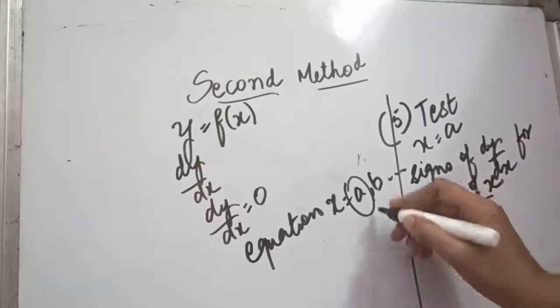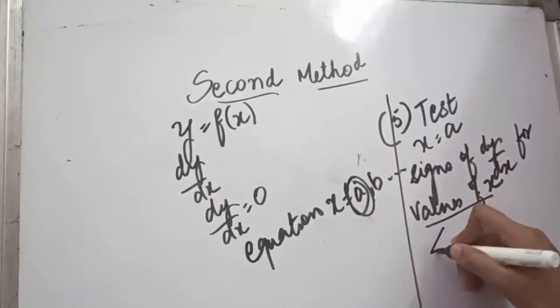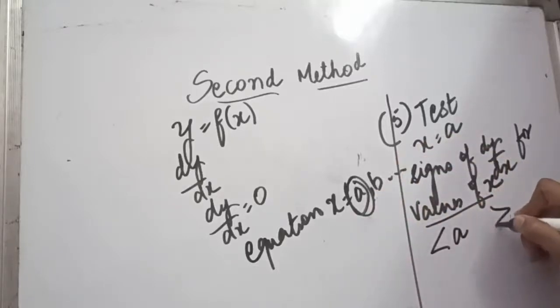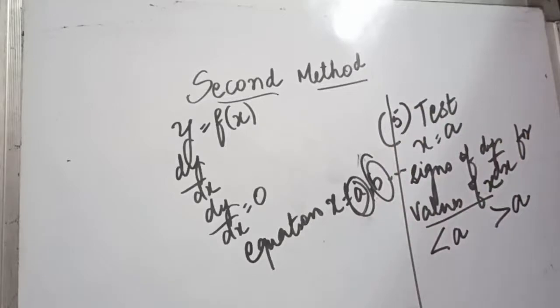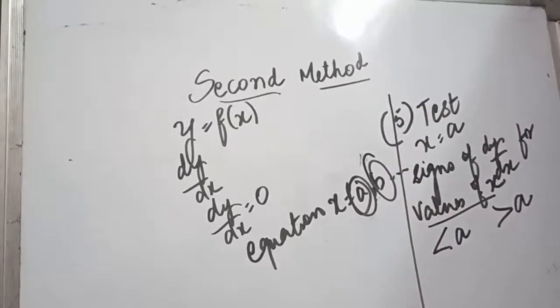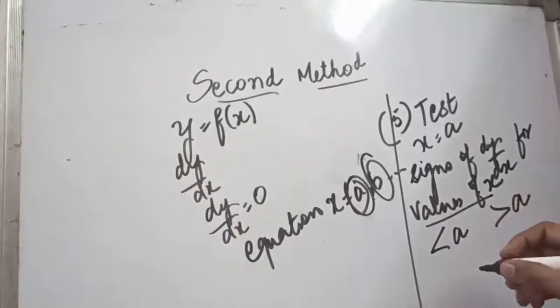We will be assuming two values: one value less than a and one value greater than a. Same we will do with b also, or if c is available, with c also. And how will we know whether the value is a maxima value or a minima value?